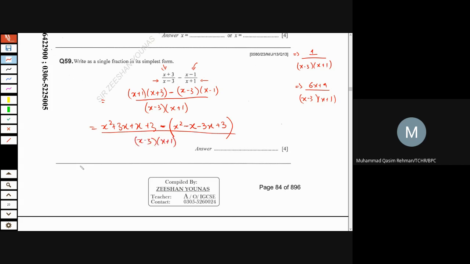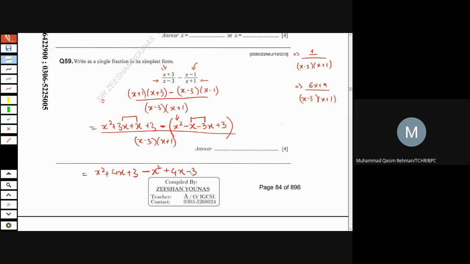Okay, now I'm going to open the bracket with this negative sign. x squared plus 3x plus x would be 4x plus 3 minus, now this is plus x squared. Once opening the brackets, this would be minus x squared. And this is minus 4x. Once I open the bracket, it will give me plus 4x. This is plus 3.